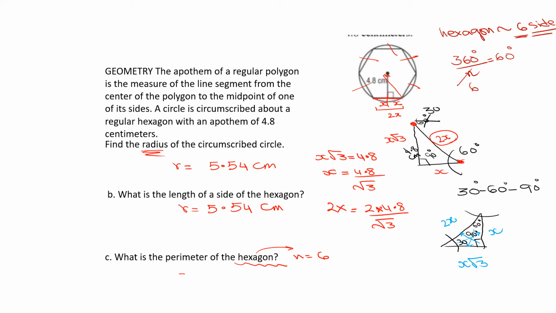So I can say 6 times 5.54, which gives me 33.24. So 33.24 centimeters is the perimeter of the given polygon.